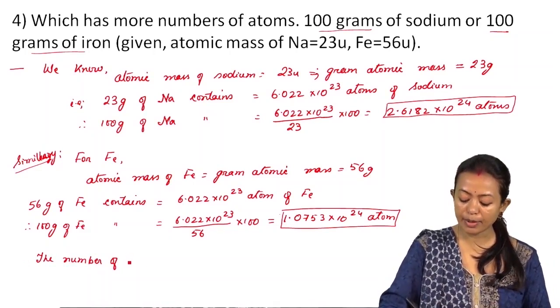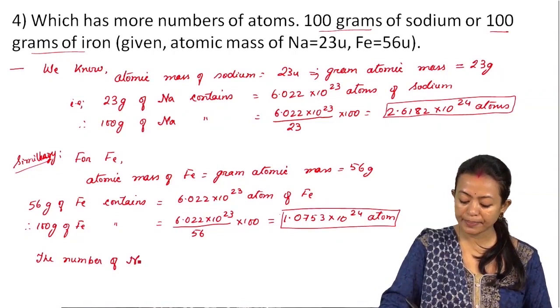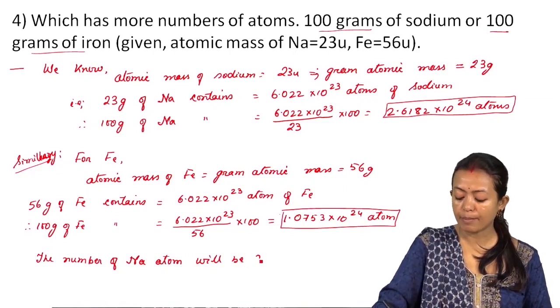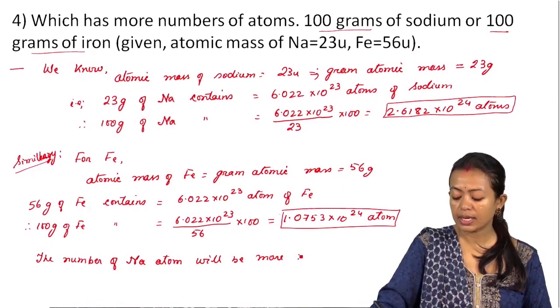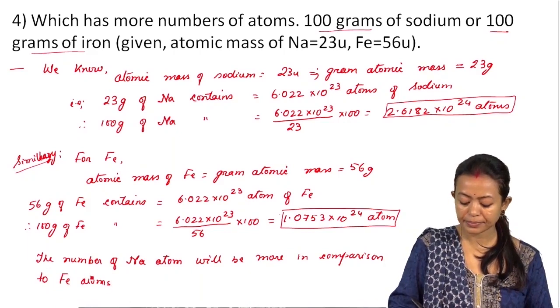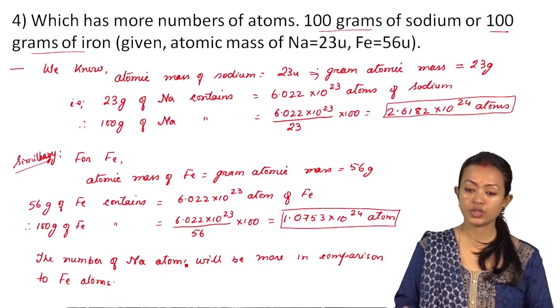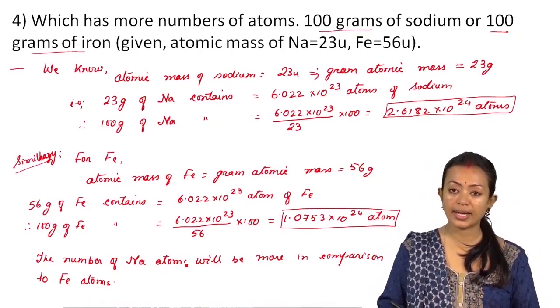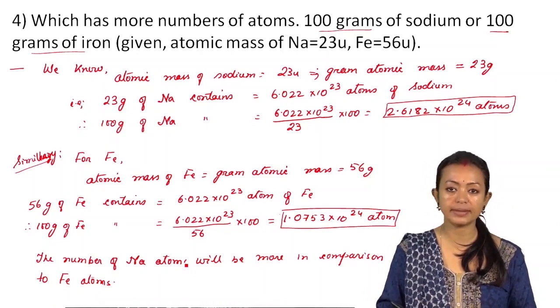So definitely the number of sodium atoms will be more in comparison to iron atoms. Fine. So the number of sodium atoms will be more in comparison to iron atoms. I hope this is clear.